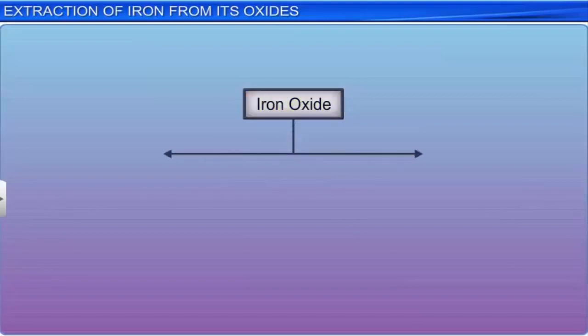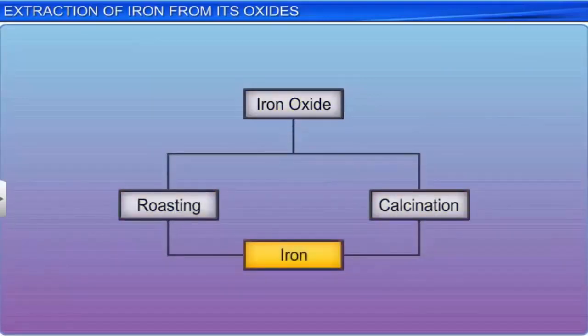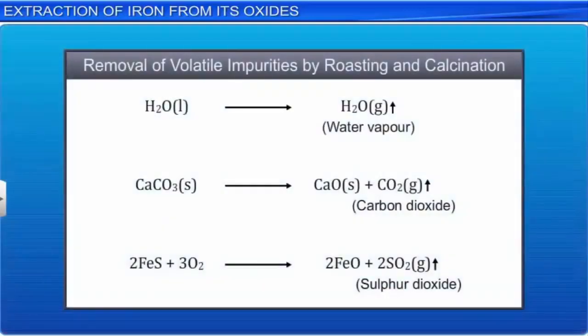Iron oxide, the ore from which iron is extracted, is concentrated by roasting or calcination so that water gets eliminated as vapor. Carbonates get decomposed to release carbon dioxide, and sulfide gets oxidized to sulfur dioxide.